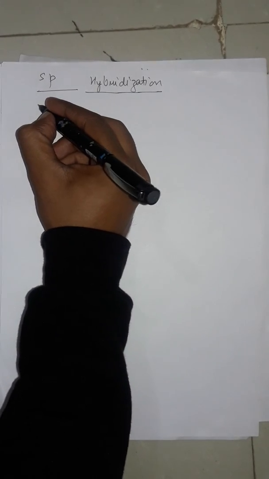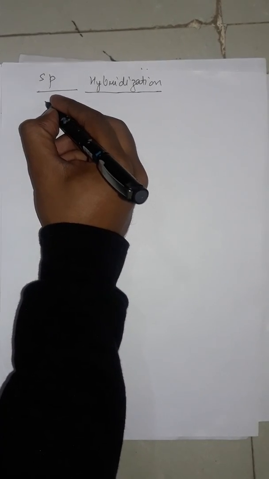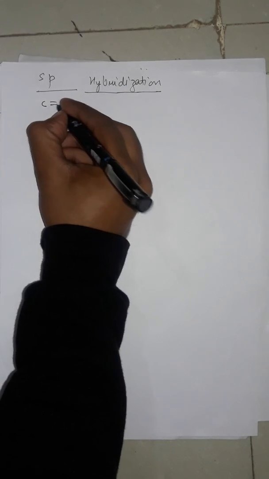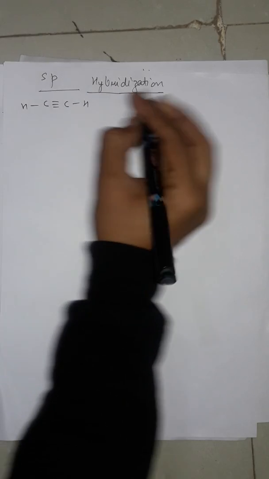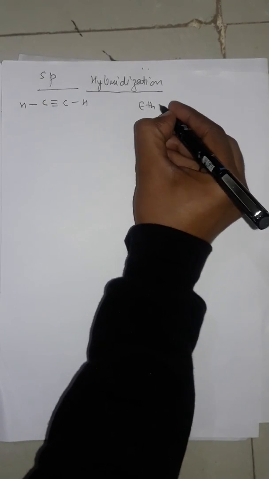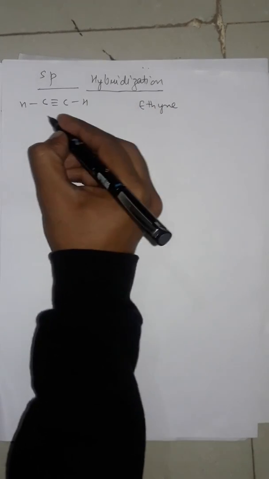So what happens in sp hybridization? We take an example of ethyne, C triple bond C, with H on each end. This is ethyne.